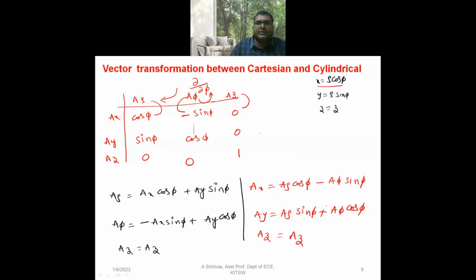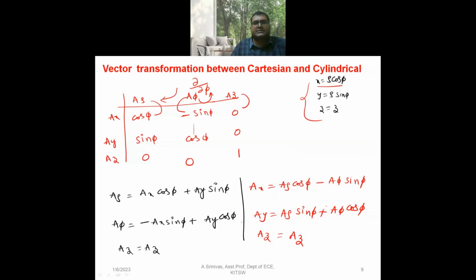Now here, with the help of knowing the relation between the coordinates of Cartesian and cylindrical, you can transform the vectors from Cartesian to cylindrical or from cylindrical to Cartesian.